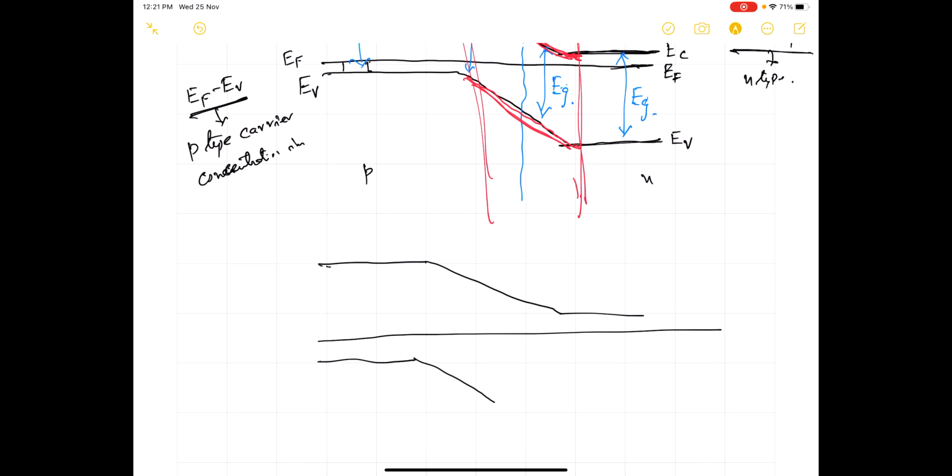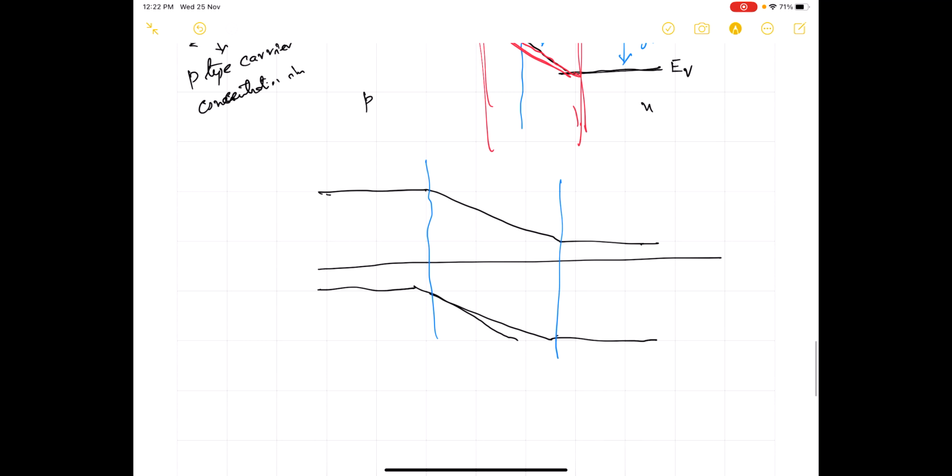This is the n region, this is the p region, and this is the depletion region. This is Fermi level EF, this is the conduction band and this is the valence band.